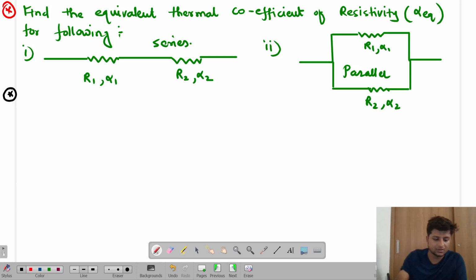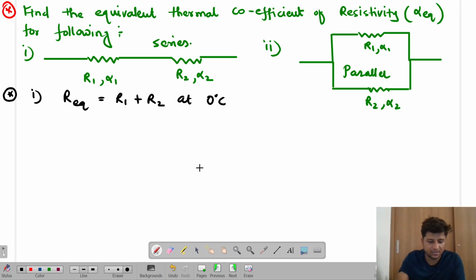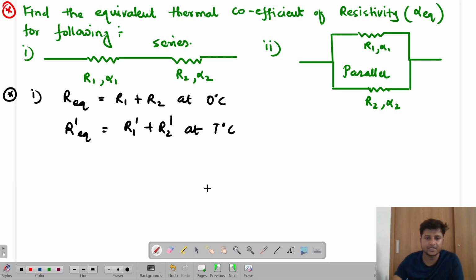So first, R equivalent is R1 plus R2 at 0 degree centigrade. Are you able to get me or not? Then R dash equivalent will be R1 dash plus R2 dash at any random temperature T degree centigrade, isn't it?